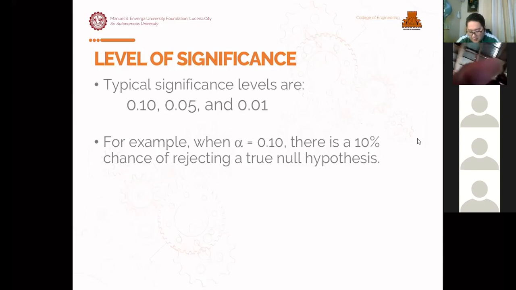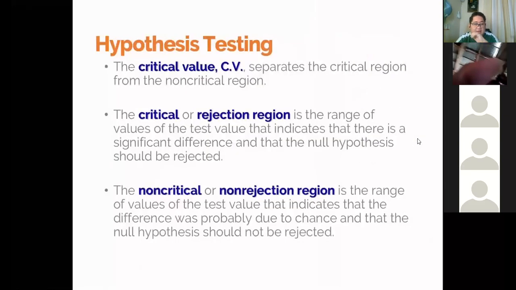Okay? So, what is the critical value? The critical value separates the critical region and the non-critical region. So, the critical value will be the z-score from the table. Okay?